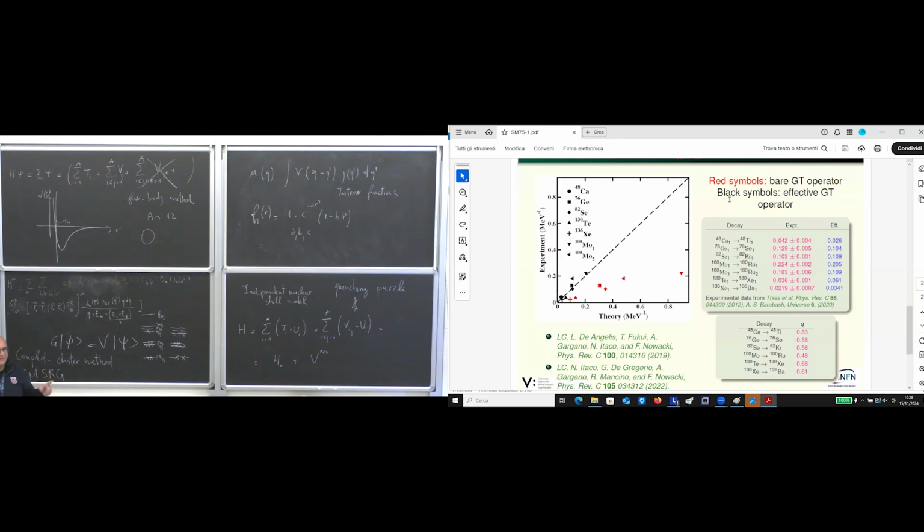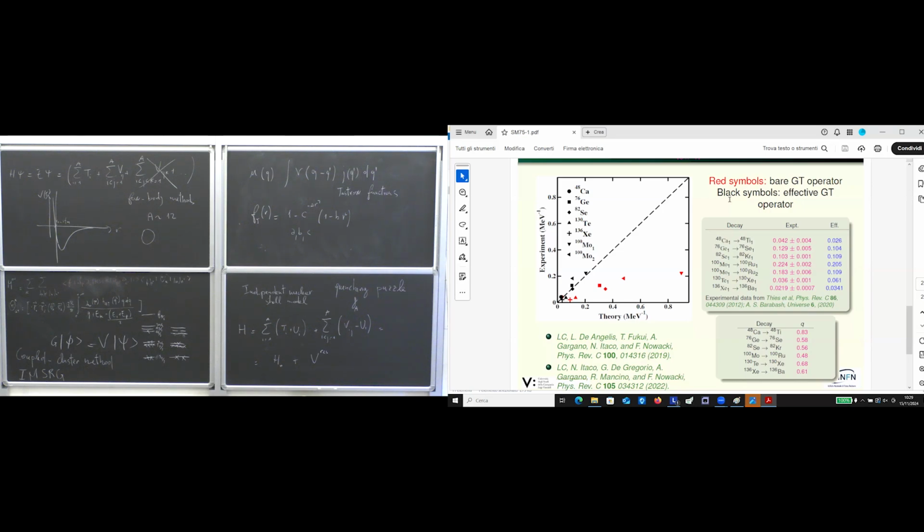Because to conclude this, I want to show you another table, in order to show you that this means that for any operator, you need to calculate its effective one. And usually people say, we need the quenching of 0.7 for g_A. If you employ it in the calculation of the neutrinoless nuclear matrix element, it's a nightmare.